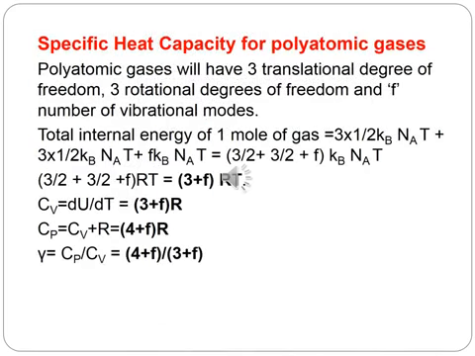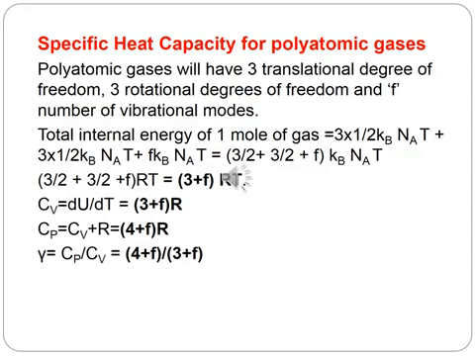Now let us see how to calculate specific heat capacity for polyatomic gases. For polyatomic gases, there will be 3 translational degrees of freedom, 3 rotational degrees of freedom, and f number of vibrational modes. Then the total internal energy of 1 mole of the gas molecules is equal to 3 into 1 by 2 kB NAT plus 3 into 1 by 2 kB NAT plus f into kB NAT.